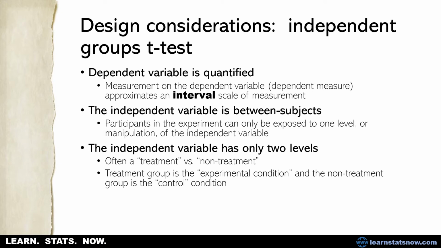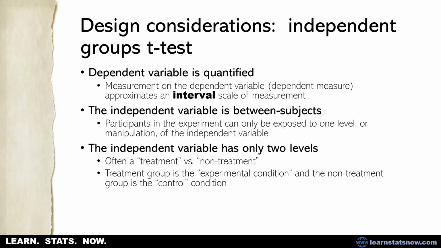So maybe one group receives the treatment and the other group receives non-treatment. Now, it doesn't have to be non-treatment. For example, it could be treatment as usual. But the point is that there's only two levels of manipulation here. I mean, you can either have one or the other if you're assigned to a group within the study.